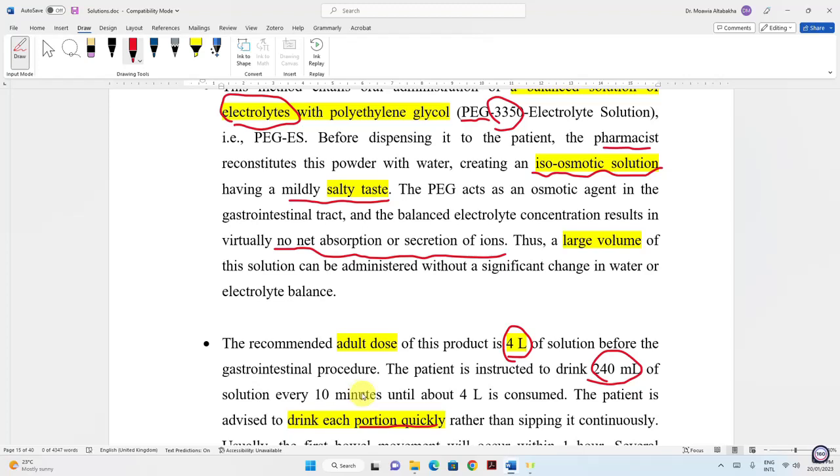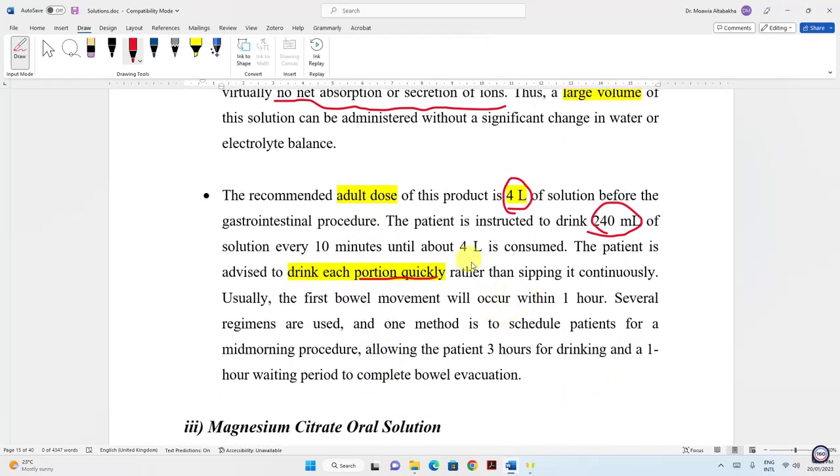Usually they will start at 6 o'clock, let's say. They will start drinking 240 ml, and usually bowel evacuation will start within 1 hour. They start at 6 o'clock, and by mid-morning, maybe 10 o'clock, after 4 hours, they will be ready for the doctors to investigate the bowel.